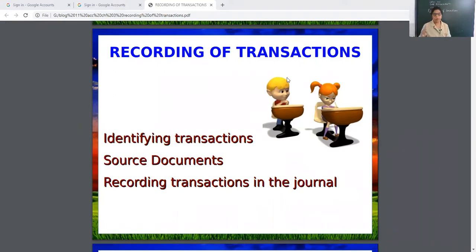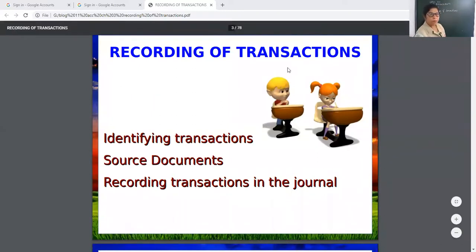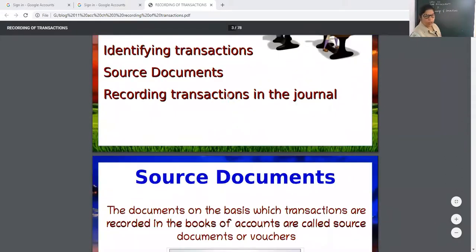First you have to learn identifying transactions: only those transactions can be entered in the books which are expressed in monetary, quantitative, financial terms, in rupees. Then source documents, vouchers and all, and then recording transactions in the journal, that is, entry in the books.